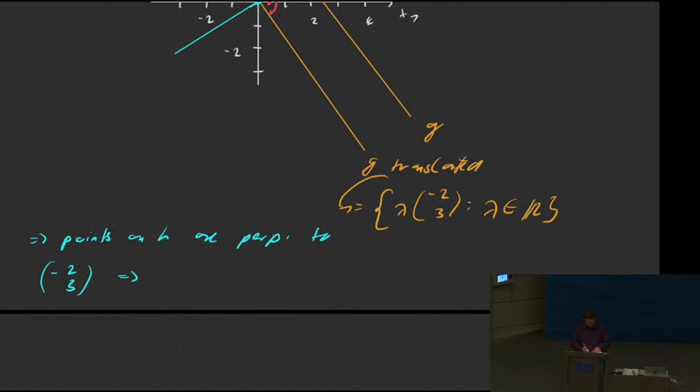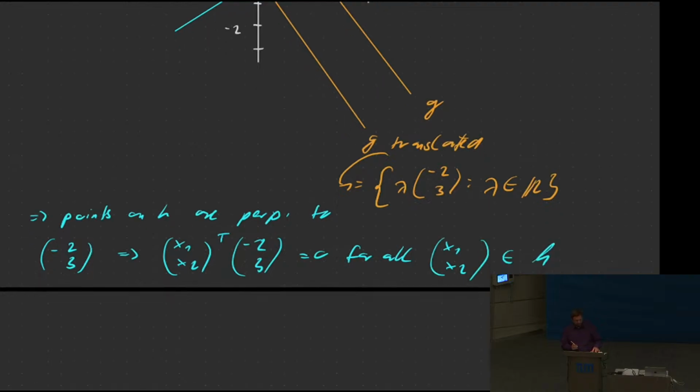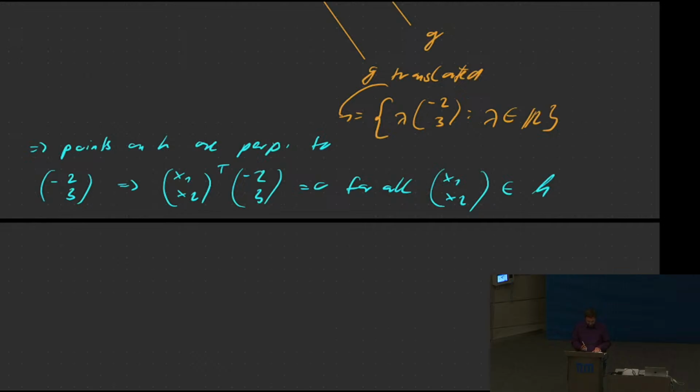And that means the scalar product of that direction and the point on H is 0 for all x1, x2 on H. Right, so in other words, the condition is minus 2x1 plus 3x2 is 0.